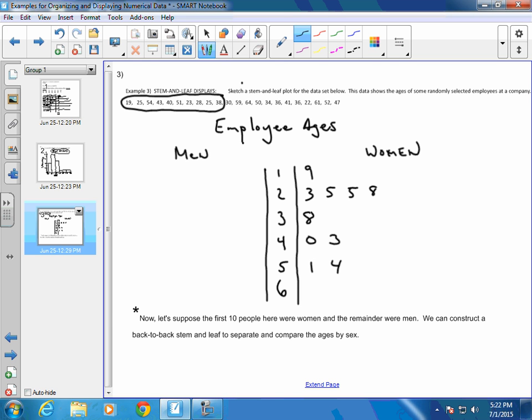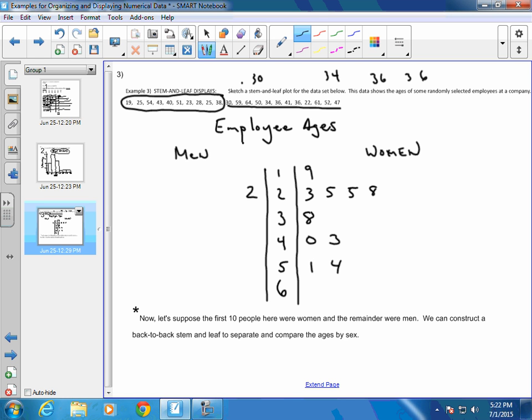You typically want to read left to right, smallest to largest, so for the men, we want to be a little bit careful. Now there's nobody in the teens over in these numbers for the men. I only see one in the 20s actually, I see a 22, so that's not a problem. I'm going to list the 30s out though, because I see a 30, a 34, a 36, and then another 36.